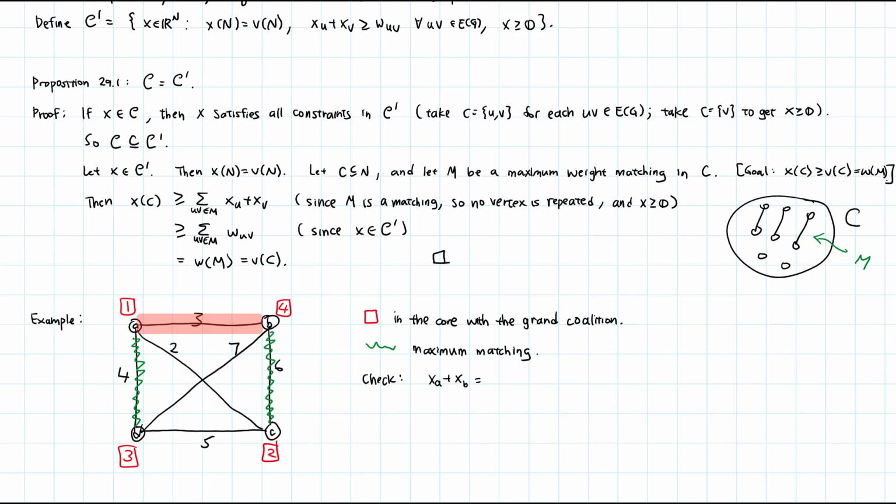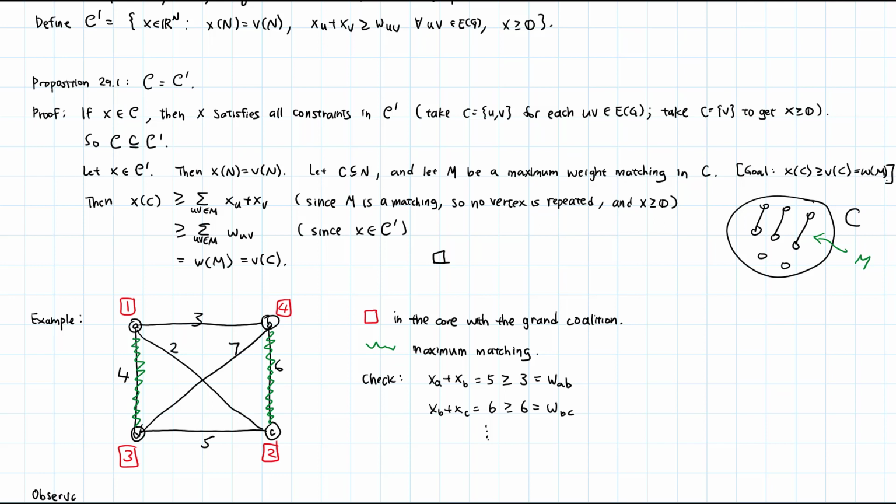XA plus XB is 5, which is at least the weight of AB, which is 3. XB plus XC is 6, which is at least the weight of BC, which is 6. And we can check that this is satisfied for all the edges. So x is in the polyhedron script C prime for this graph, so x is in the core with the grand coalition.